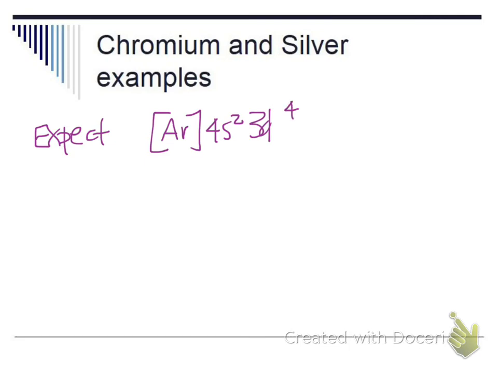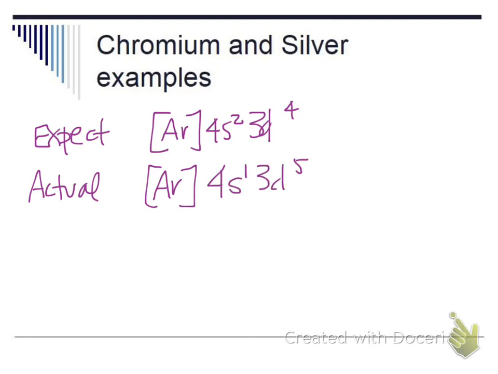But in fact, the actual one, and that's because if I can half fill my d orbital, it's more stable, is argon 4s1 3d5. Now both of those are half-filled orbitals, so it makes it more stable. Nature just likes to do crazy things. There's always an exception to the rule, right? So this was chromium.